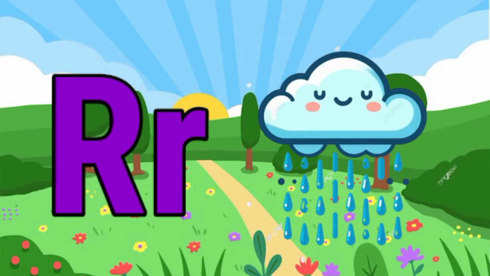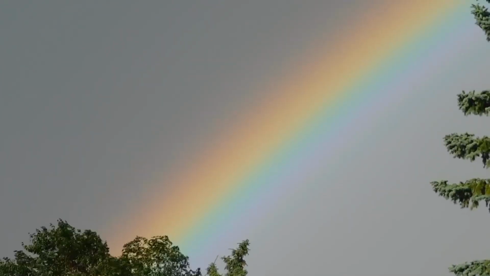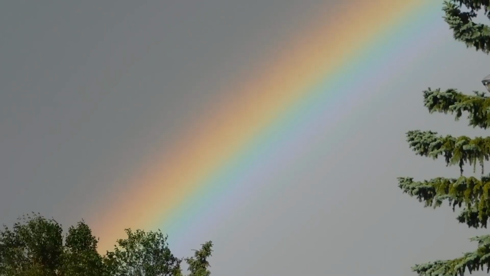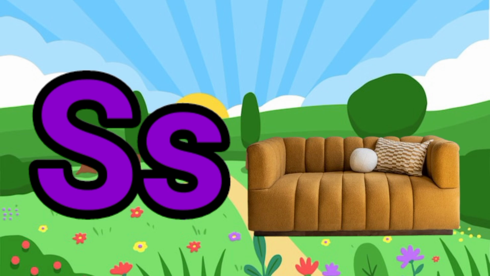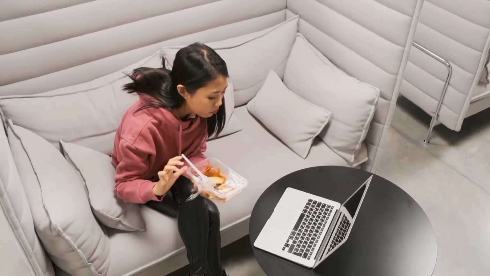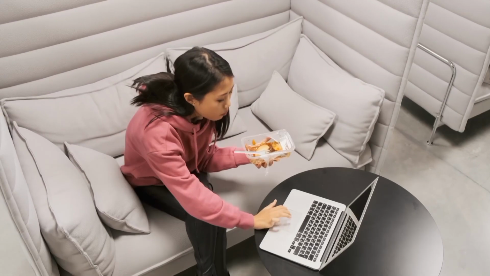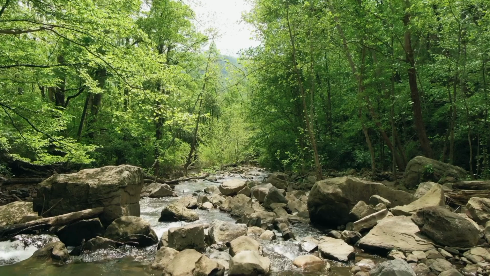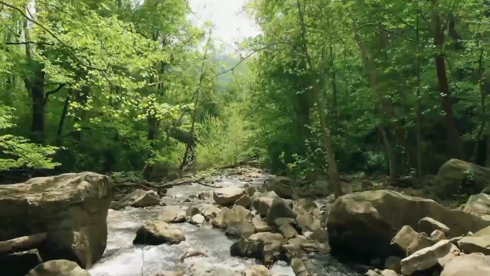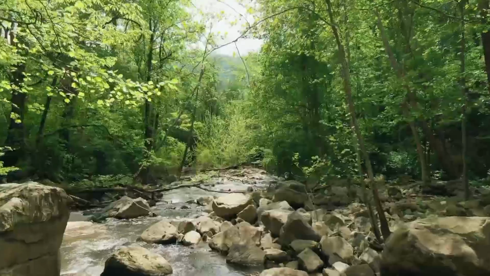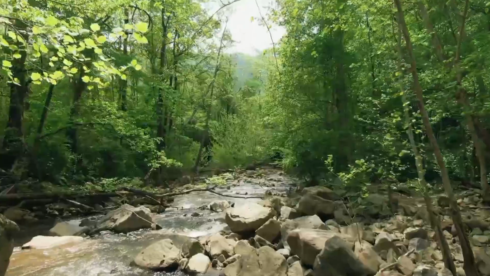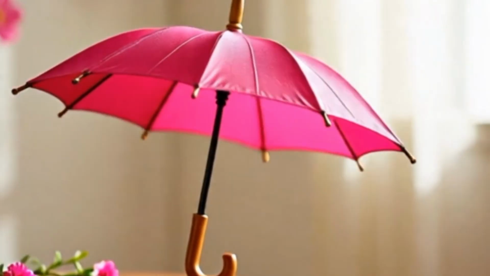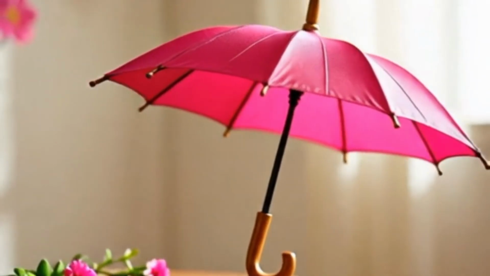R for rainbow. S for sofa. T for tree. U for umbrella.